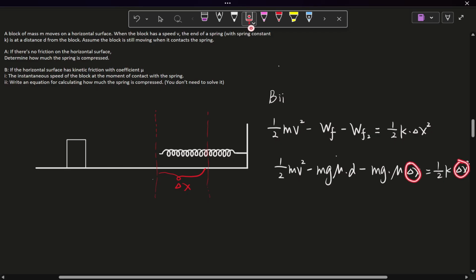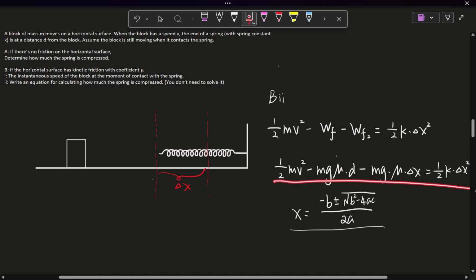So you can reorder the entire equation to be a quadratic equation and use the formula for calculating the roots of the quadratic equation, which is x is equal to negative b plus or minus the square root of b squared minus 4ac, all over 2a. You can solve it this way, but this will 100% not be on your AP test, so you don't need to worry about it. You can just stop right there.